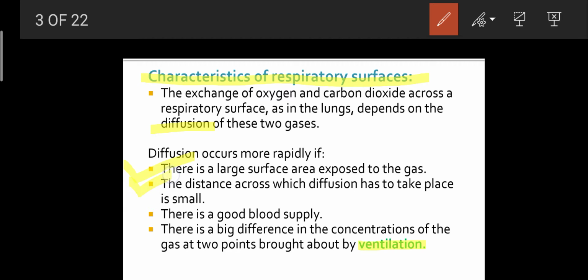So diffusion occurs more rapidly if there is a large surface area exposed to the gas, the distance across which diffusion has to take place is small, there is a good blood supply, and there is a big difference in the concentration of the gas at 2 points, which is brought about by ventilation.